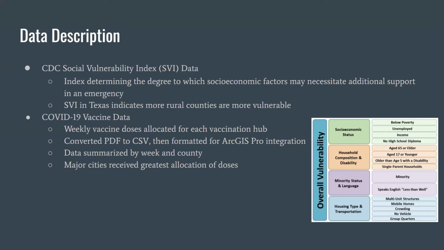And then for the COVID-19 vaccine data, we pulled that from PDF, worked with it to get it formatted for ArcGIS Pro, and then it was summarized by week and which county it was going to. Basically, as one might expect in this situation, major cities got most of the vaccinations because they had higher populations.